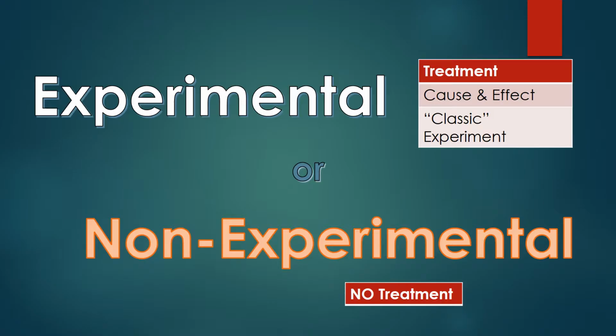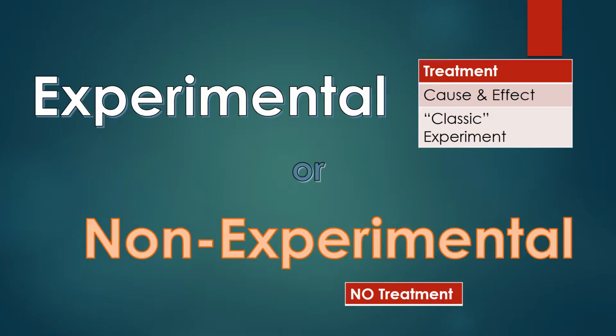Now, what makes research experimental is that the researcher administers or arranges for the administration of a particular treatment. Experiments can have as few as one group of participants or multiple groups of participants.